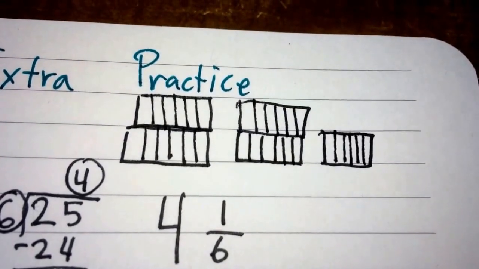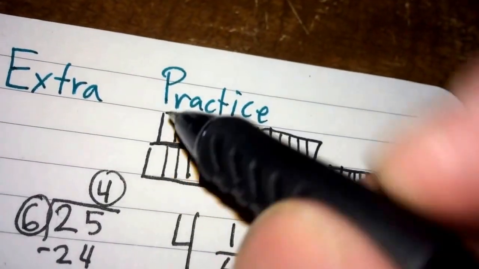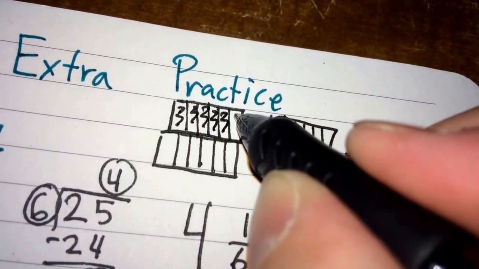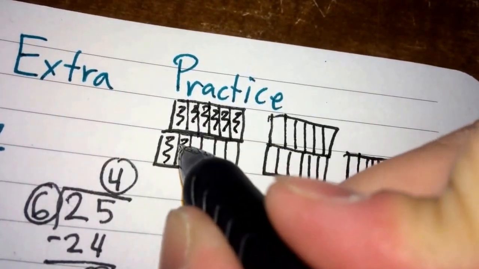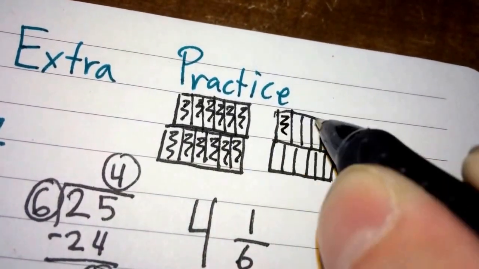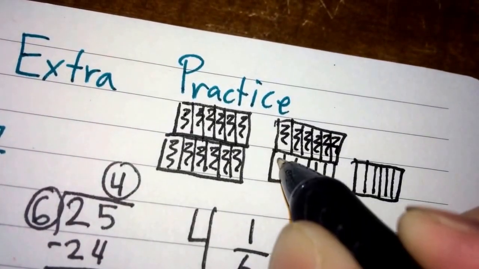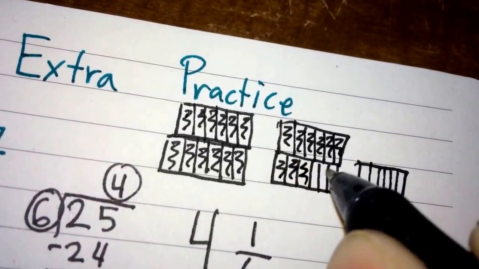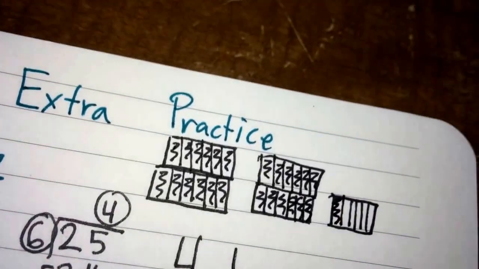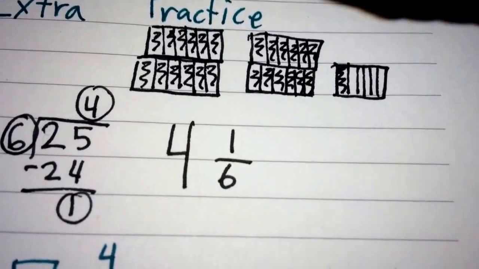Now, let's take a look here. 25/6 is what I started off with. Well, let's see here. 1, 2, 3, 4, 5, 6, 7, 8, 9, 10, 11, 12, 13, 14, 15, 16, 17, 18, 19, 20, 21, 22, 23, 24, 25/6, because each one of those pieces is 1/6 of a whole.